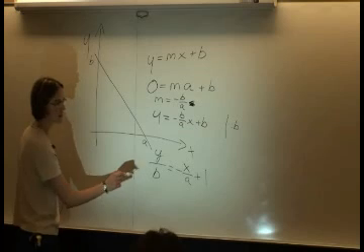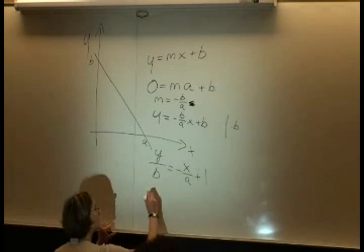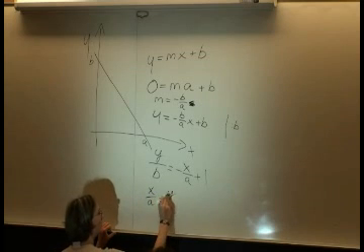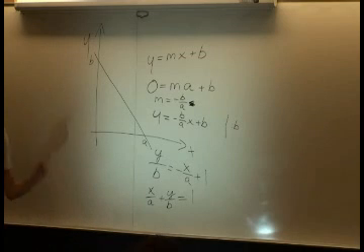And if I then bring this x over a on the other side, then I get what is often called the intercept form of an equation. Okay? x over a plus y over b is equal to 1.